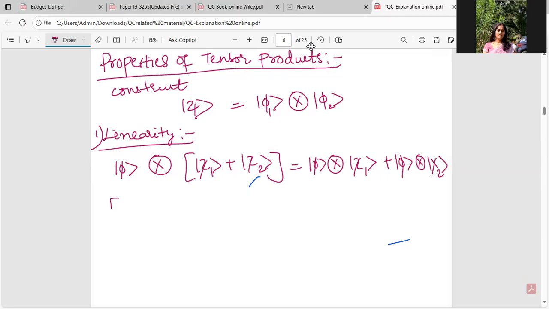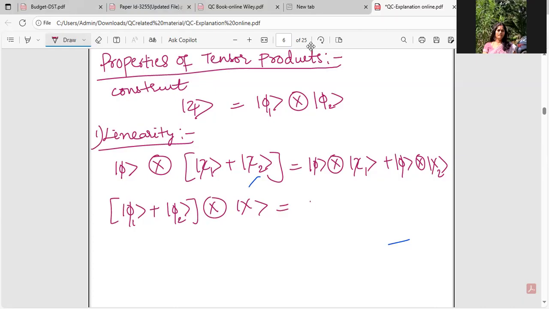Suppose I have something like post-multiplying, it's all about writing the notation, which is a bit tedious. Otherwise, I don't think you need to struggle with the concepts if you understand properly. Ket phi 1 tensor product ket xi plus ket phi 2 tensor product ket phi. There is no 2. I'm just repeating it by default like the previous one.